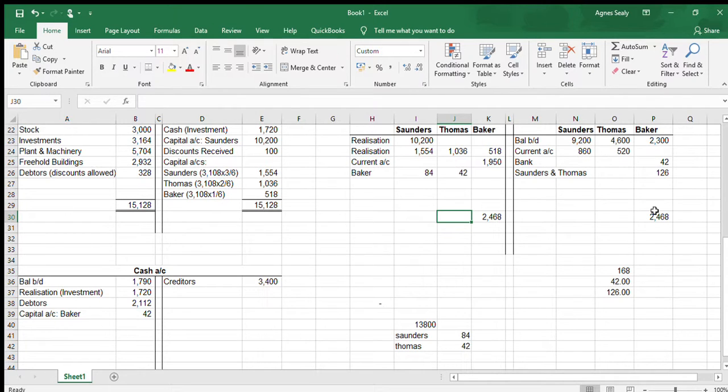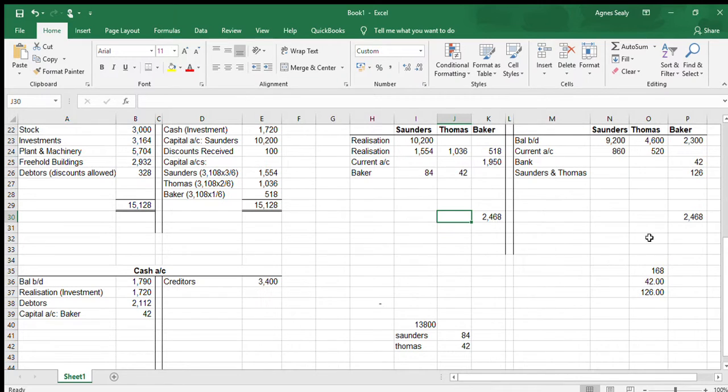So let's see now how much money Saunders and Thomas will either receive from the partnership or have to pay into the partnership by totaling their capital accounts.